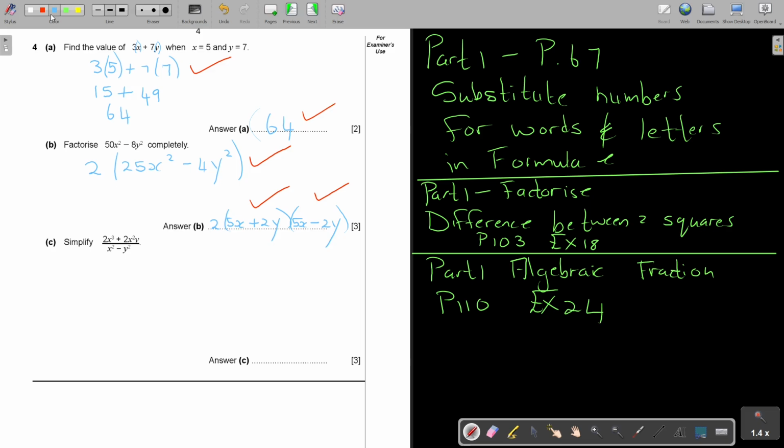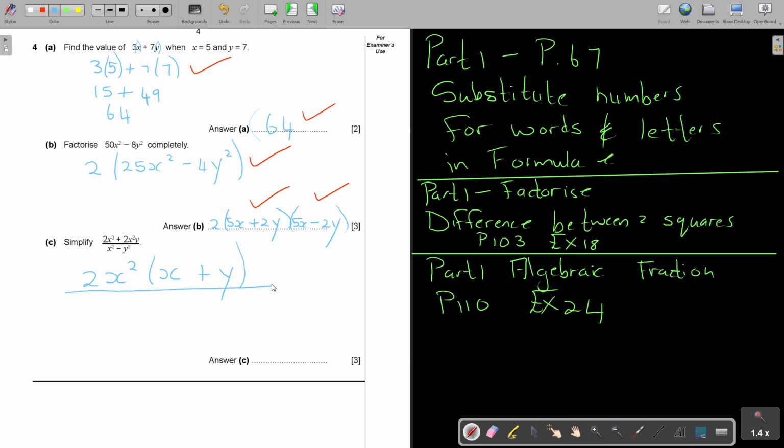So I take out a common factor again. You take 2 out, and you take the smallest power of what you see there. So it's x to the power of 2, not only x to the power of 2. Then you divide, and if you divide, there's 1x left. And if you divide, then there's a y left.